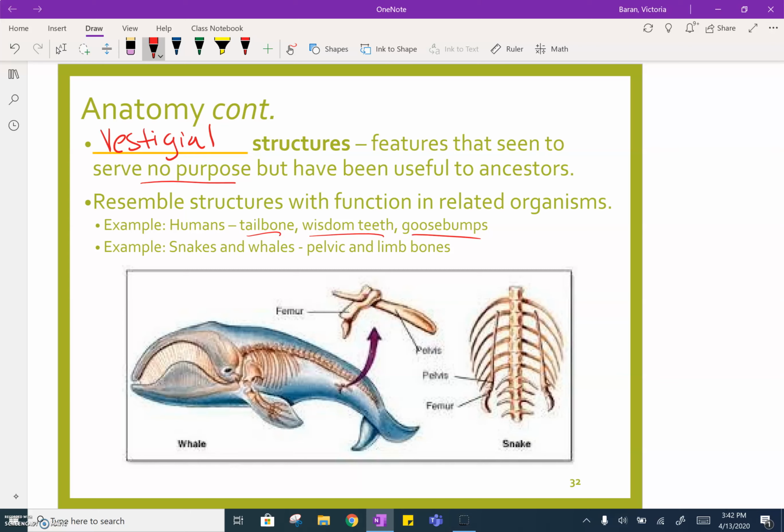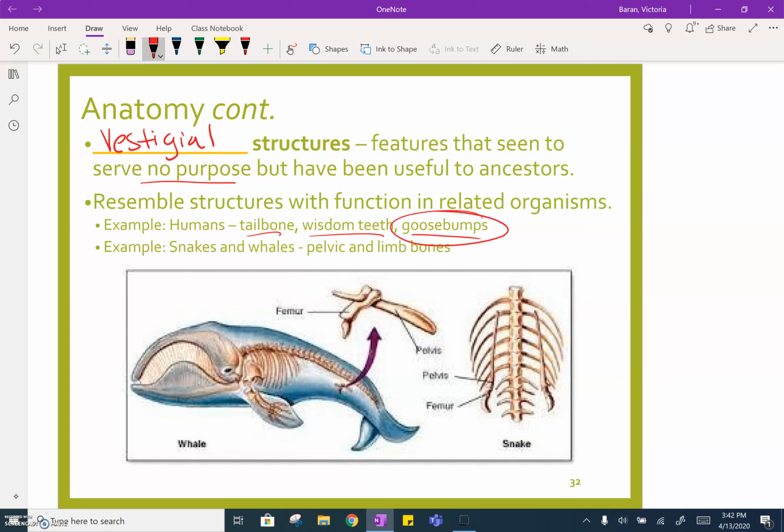The tailbone, for instance, this is no use to us. However, our ancestors, they may have had a use for that if they had a tail. In terms of our wisdom teeth, a lot of people get these removed since there is no function for them for modern humans, but long ago for our ancestors, it might have been something that was functional for them.